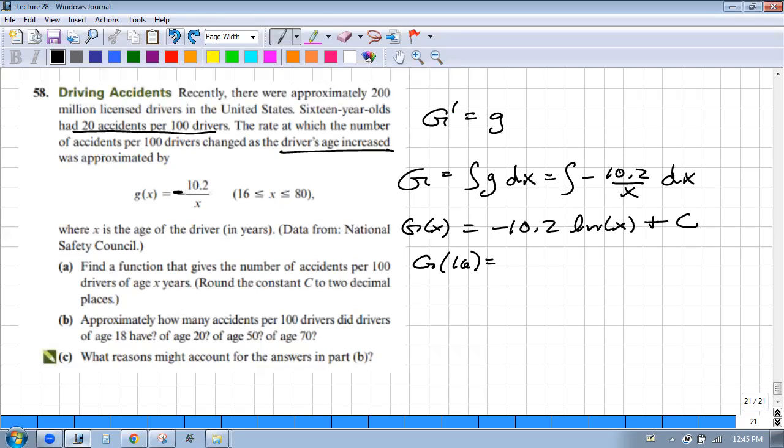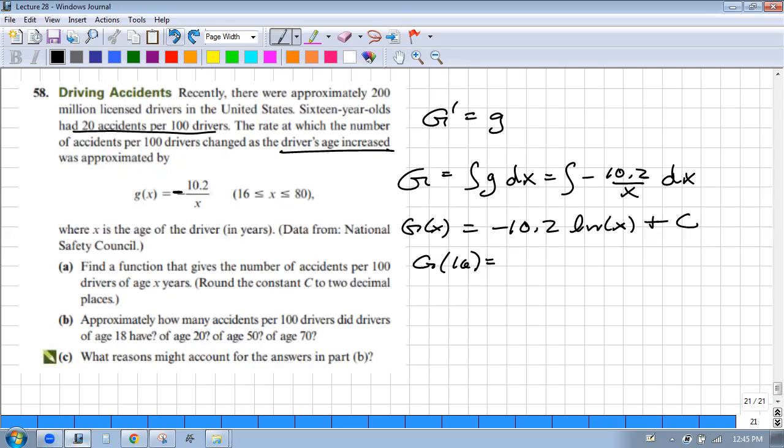Because we have no idea how many 16-year-old drivers there are. The rate at which the number of accidents per 100 drivers. So this is just the rate of change overall.